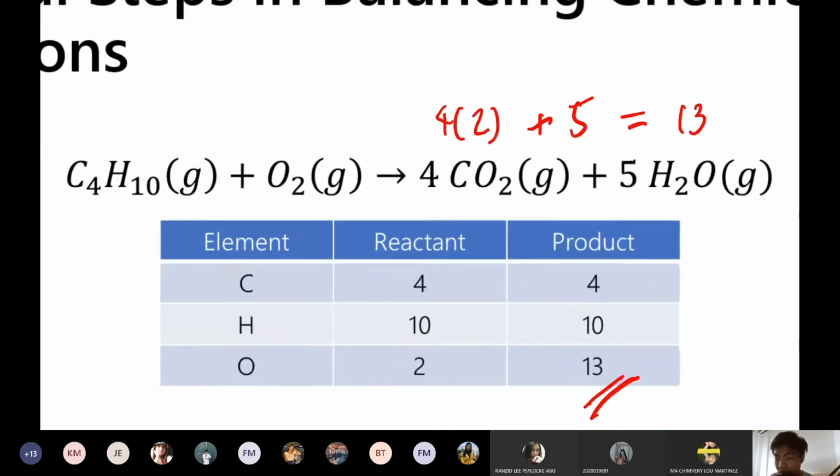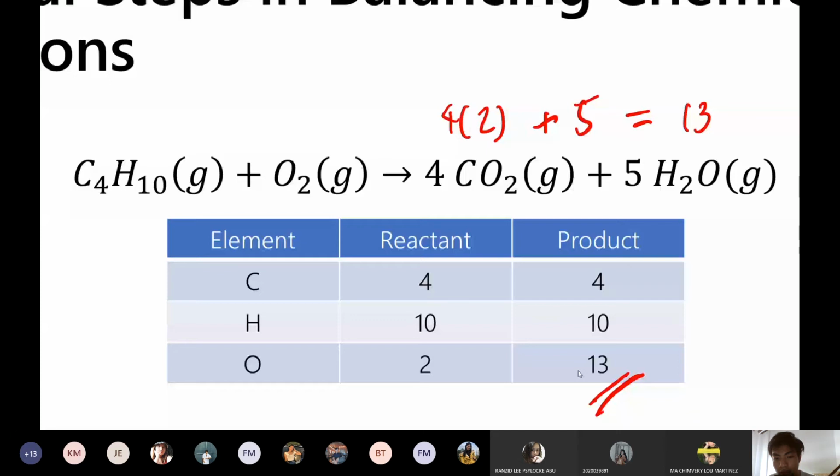So, if you have 13 oxygens here, and you have 2 oxygens here, ano yung multiply sa 2 para maging 13? What number you should multiply dito sa 2 para maging 13? Ano kaya number yon? E di pwedeng 13 halves. Pwedeng 13 over 2 kasi pwedeng mag-cancel yung 2 and you will be left with 13.